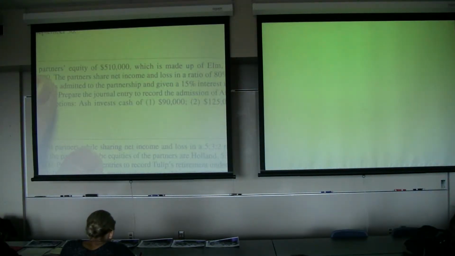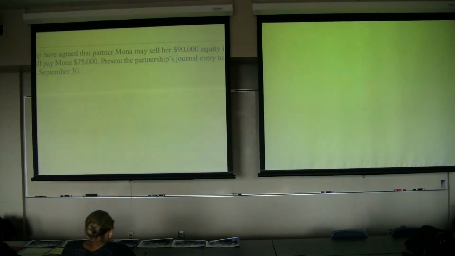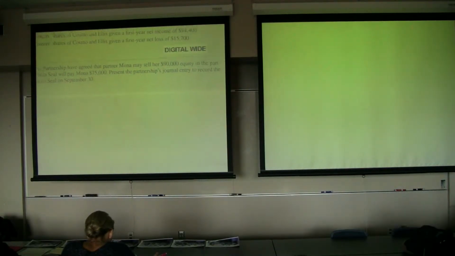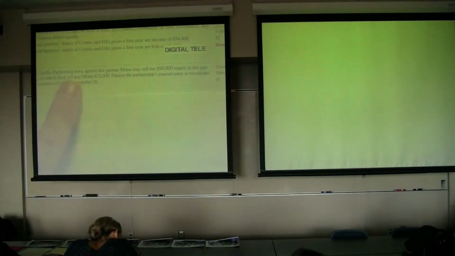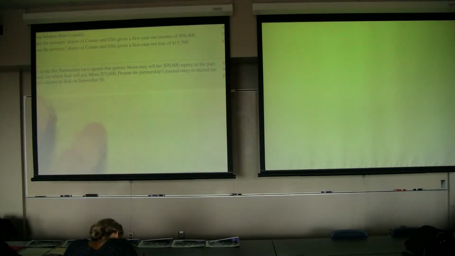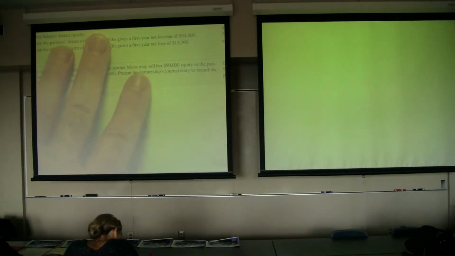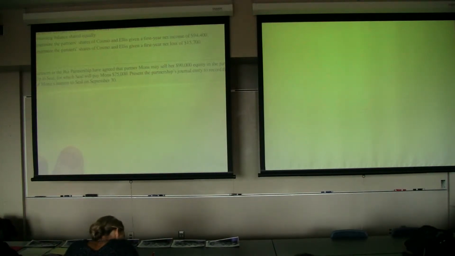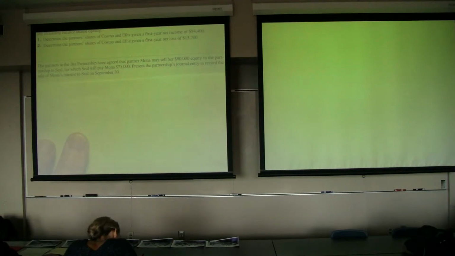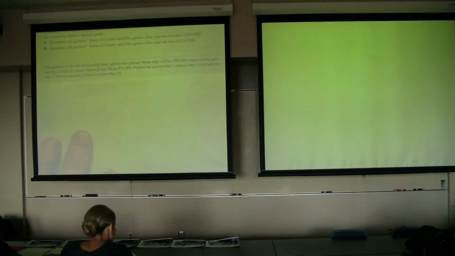What it says is, the partners in the business partnership have agreed that partner Mona may sell her $90,000 equity in the partnership to Seal, for which Seal will pay Mona $75,000.